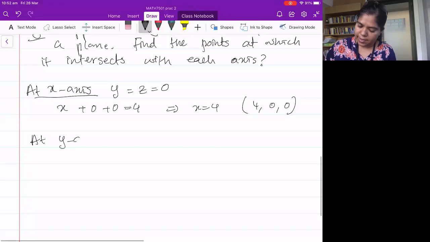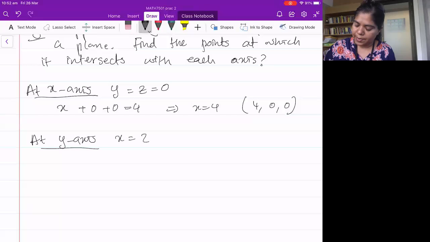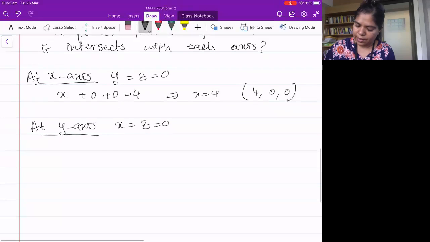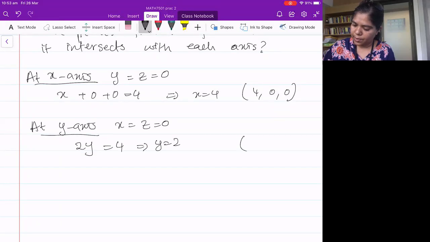At the y-axis, we have x equals z equals 0. So 2y equals 4. This gives us y equals 2. So that point is 0, 2, 0.